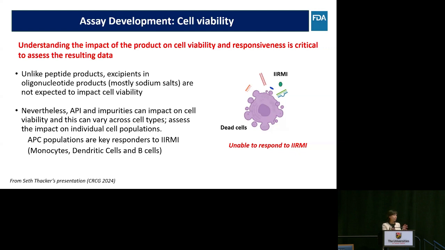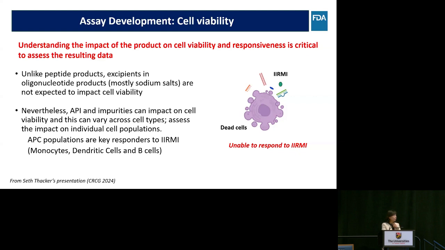APCs, the main cells responding to RMI, die in the assay. So they cannot capture the RMI. That is because of toxic excipients such as phenol or polysorbate. They can affect the cell viability.